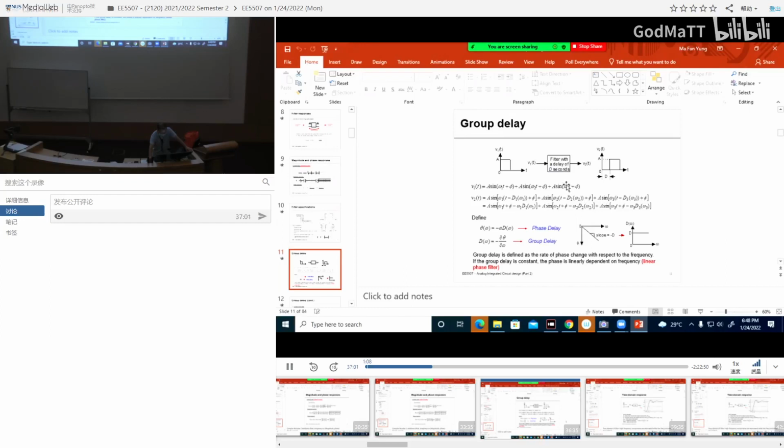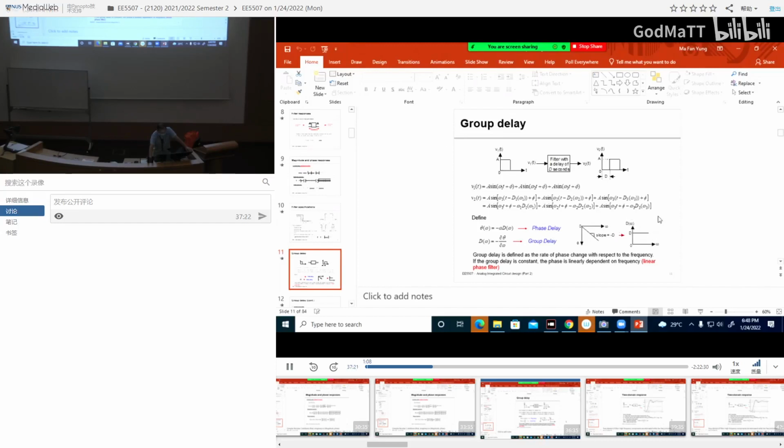A time shift means that the phase is linear, and linear phase translates into a constant delay in time, the group delay.